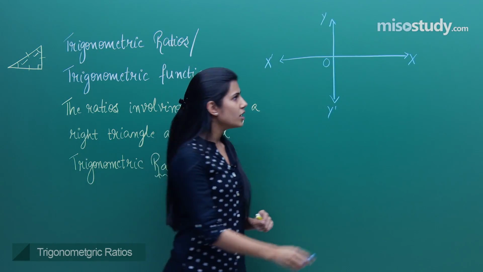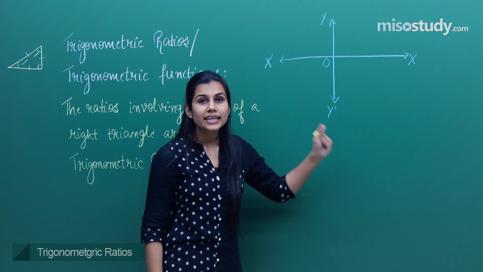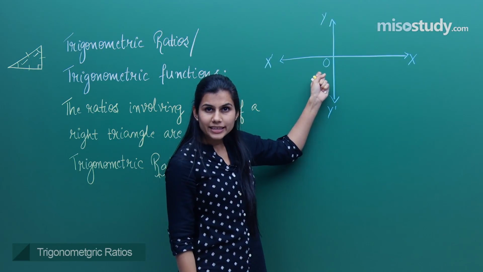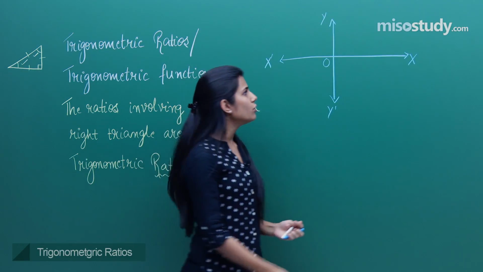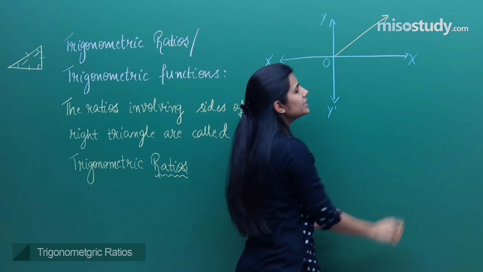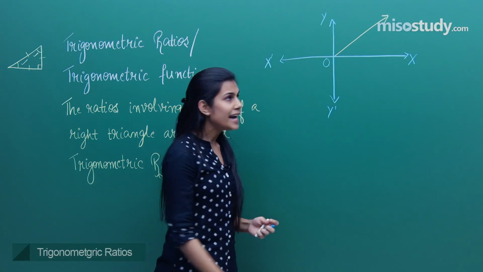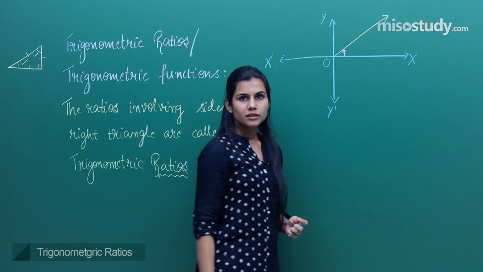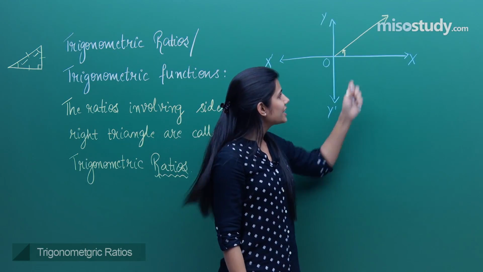What I asked you was, take OX to be your given initial ray and O, the origin, to be the end point about which the rotation will take place. You start rotating and reach a terminal side, say this particular ray.